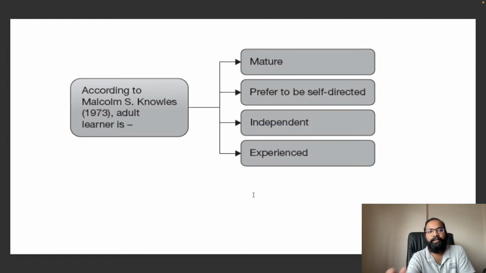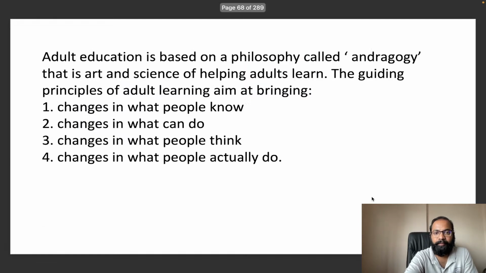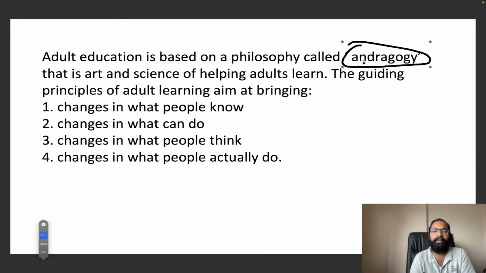Next, as per Malcolm, adult learners are mature, self-directed, independent, and experienced. And adult education is based upon the philosophy called andragogy. Right? In the same way, children's education is based upon what? Pedagogy. Right? Next.